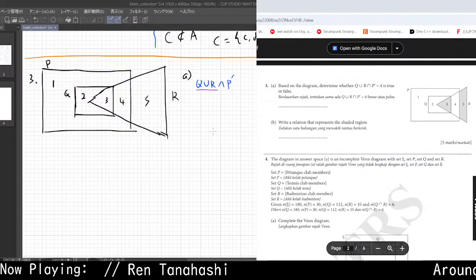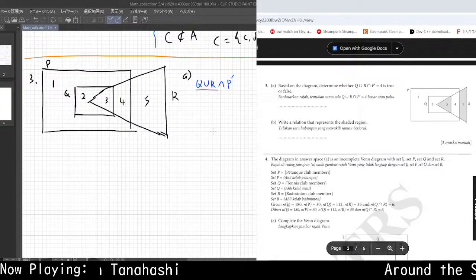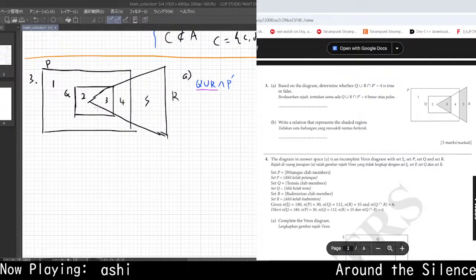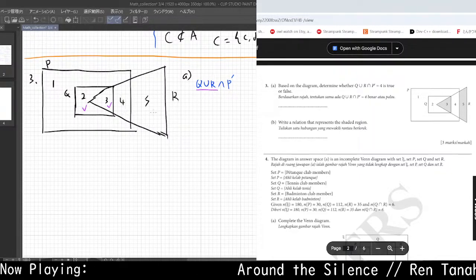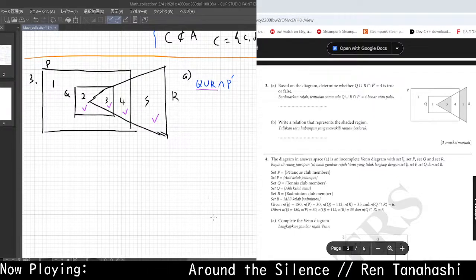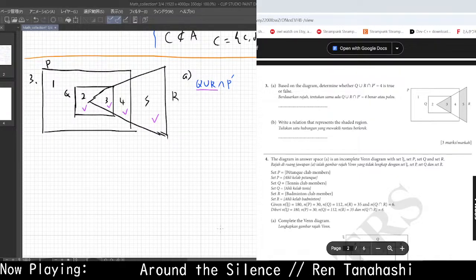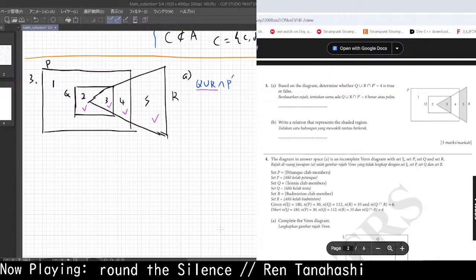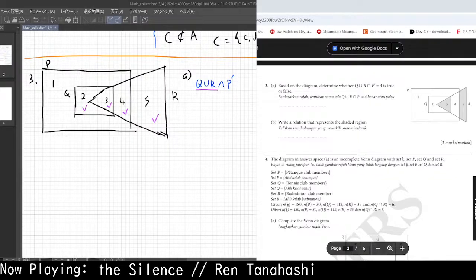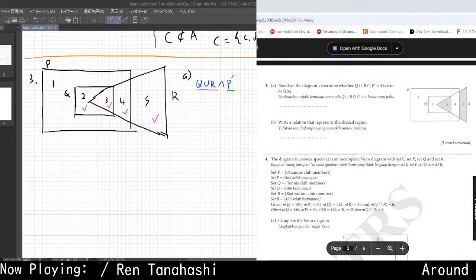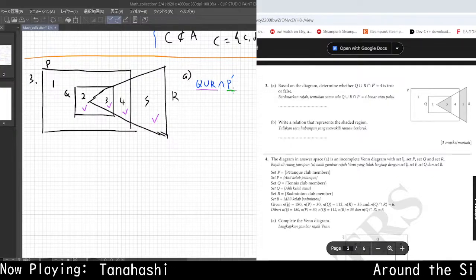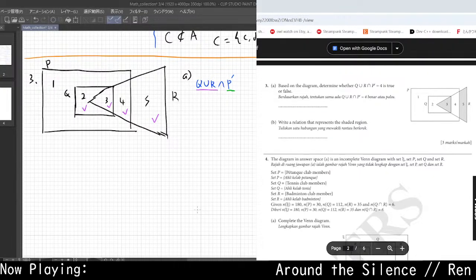Okay, so Q union R means you take everything in Q and R, so it will be a tick over here for both portions in Q and everything in R as well. Then you want to overlap with P prime, so we change to a different color and see where P prime is. P is this entire rectangle over here, the big one.